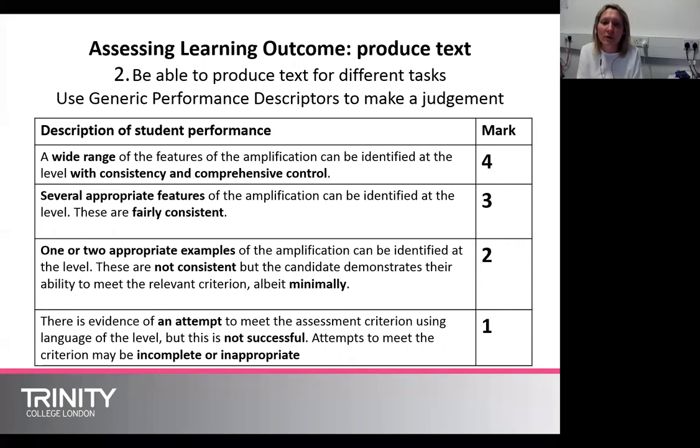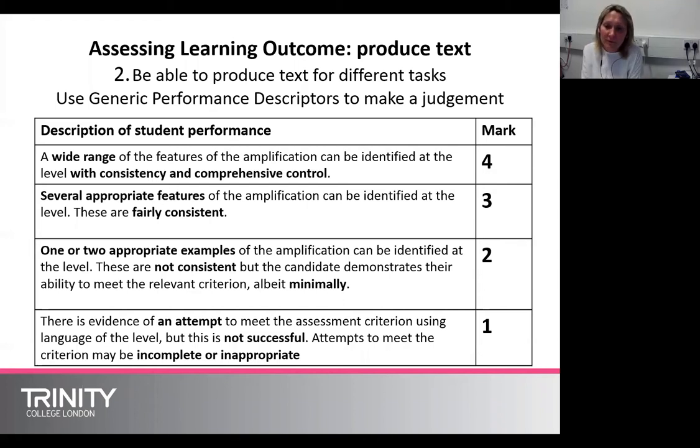One of the assessment criteria for this learning outcome is to use grammar correctly. It's only one out of several criteria, but that's one that I think is probably the easiest to demonstrate. So use grammar correctly, 2.4 at both level 1 and level 2.